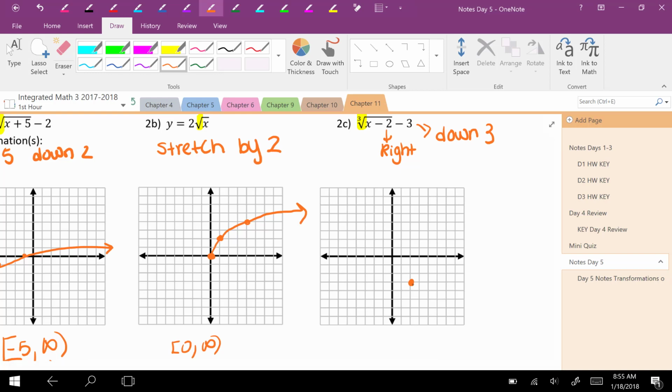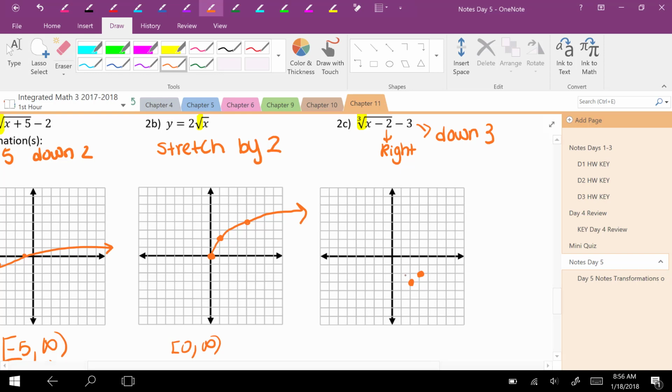Now we just do our pattern. We don't have to do anything else because the only time that affects our pattern is if we're stretching or compressing or reflecting. So let's go ahead and do our pattern. Our pattern was up 1 over 1. Then it was up how many? Up 2?